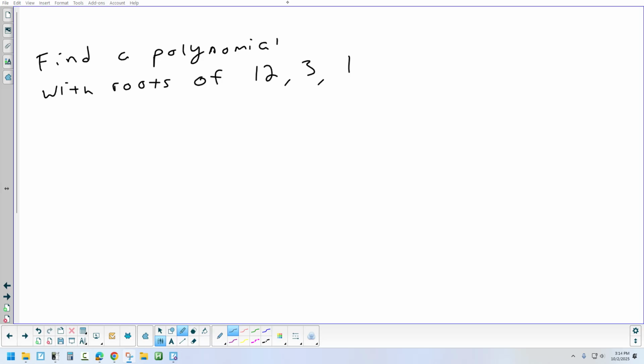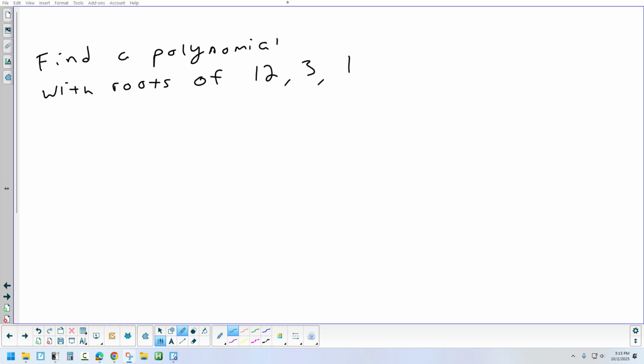Okay, so next question we're going to look at. They've given us 3 numbers that they want as roots, and we have to work backwards and figure out the function that would have those roots. Okay, the first step is if they give us the roots, we've got to convert all those roots back into something that's equivalent. So what do we know if 12 is a root, or if 12 is a 0?